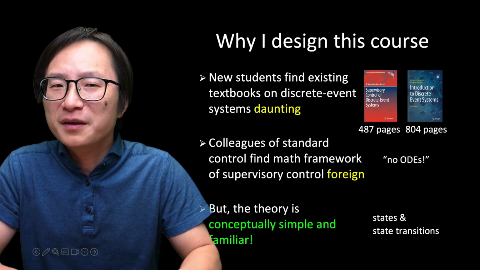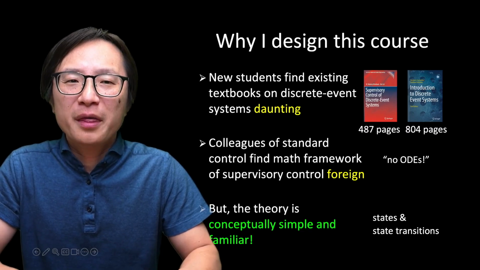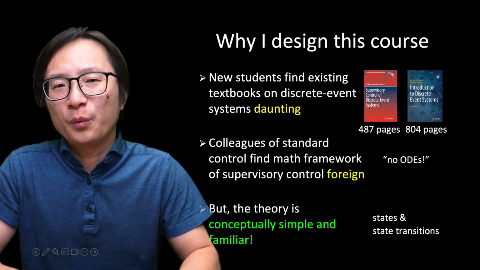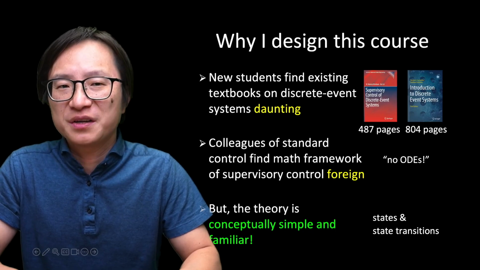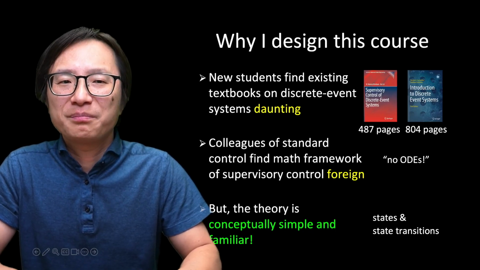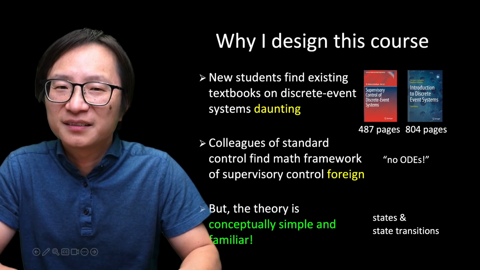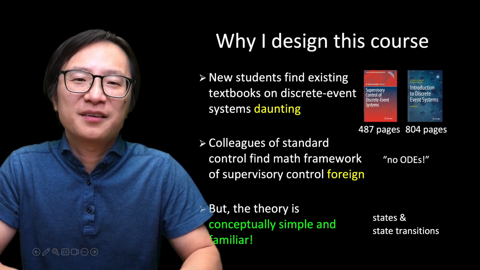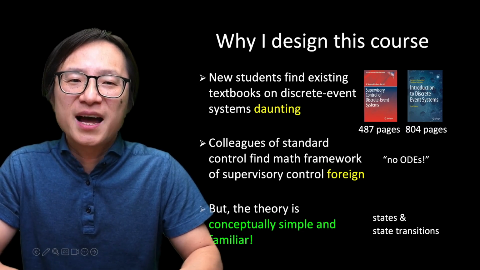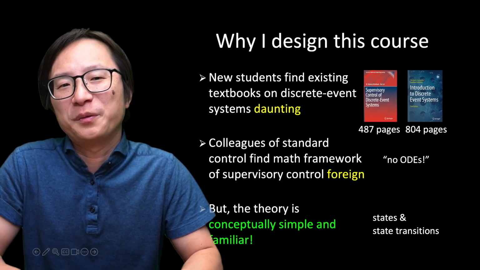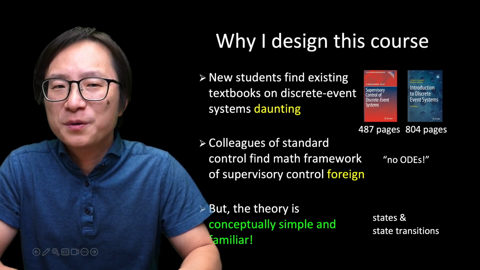So something must be wrong. I tend to think that it is due to the way that we write and teach this theory, which is pedagogically untasty. And all this has compelled me to design a course that can make supervisory control more accessible and more fun.